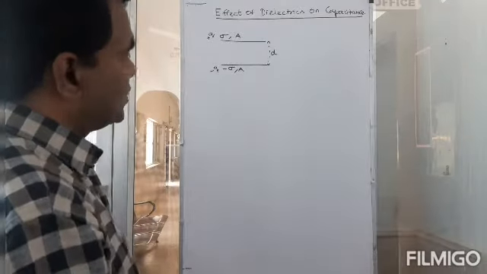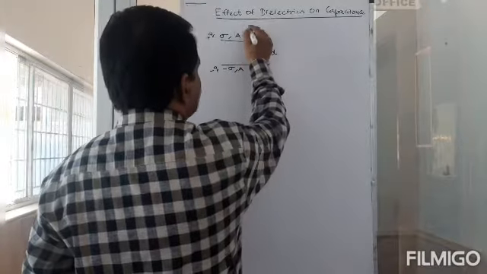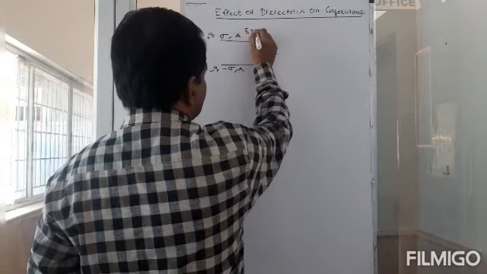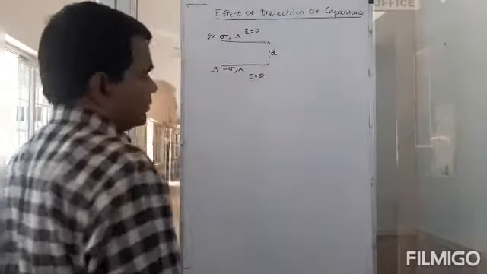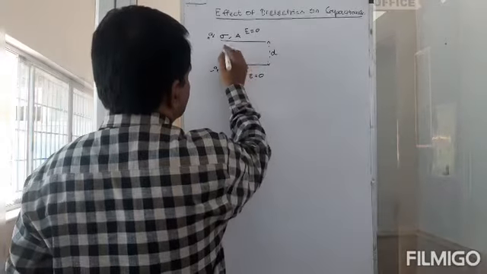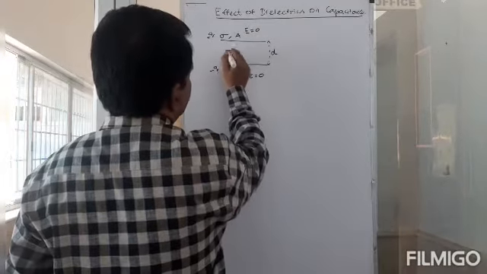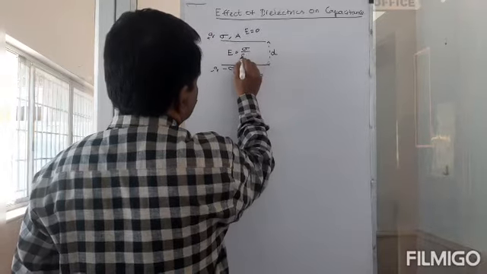And we said this. E outside is going to be equal to 0, and E outside is equal to 0 here too, and E inside the two plates, positive and negative, is going to be equal to sigma by epsilon naught.